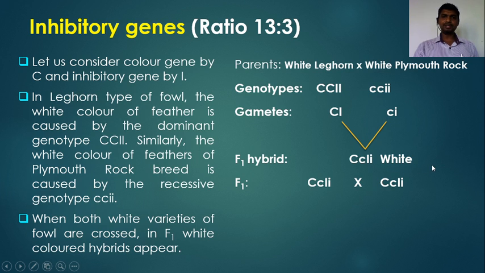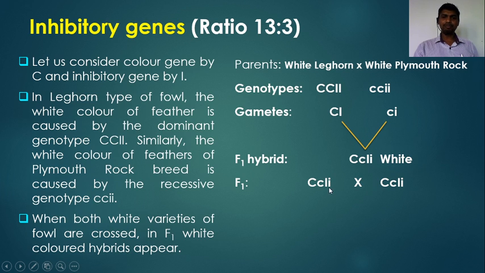So when a cross is made between the White Leghorn and White Plymouth Rock breeds, the F1 hybrid produced is heterozygous, having a genotype of capital C, small c, capital I, small i, and a phenotype of white.